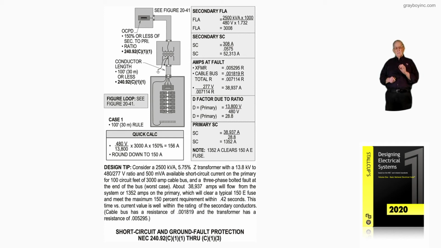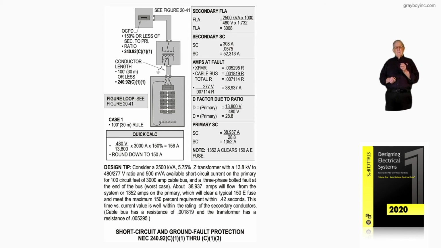Now we're going to take that total resistance to the secondary ground voltage of that 480-277, which would be 277. Now we divide that total resistance into that, and we come up with 38,937 amps.